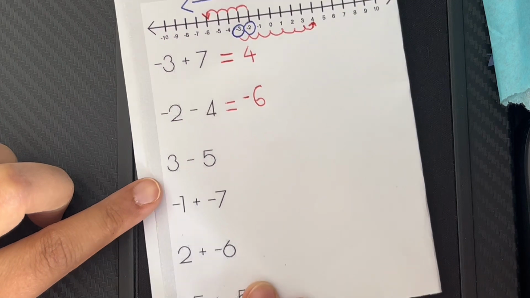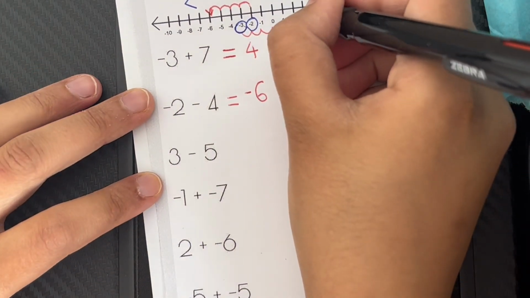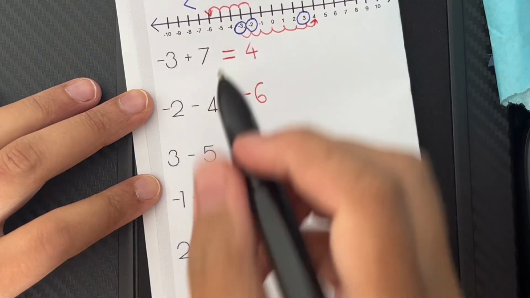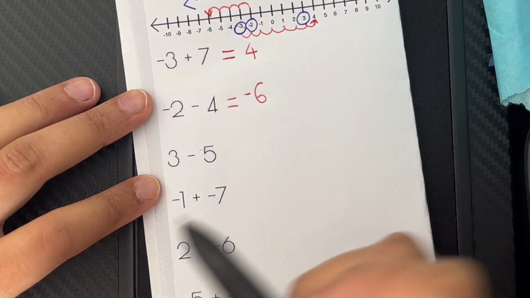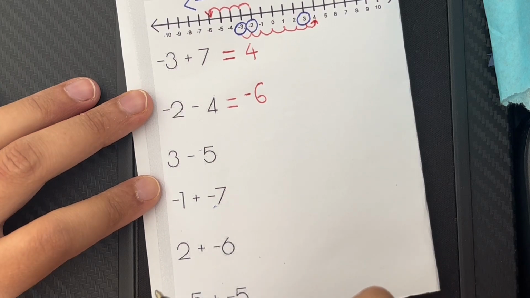And then for my next one, I've got 3 minus 5, so +3 just -5. That means I need to be starting on my +3 on the number line and taking away 5, and that 5 again is a positive because there's no minus sign attached to it, like you can see in the next example, which I'll shortly be going through.